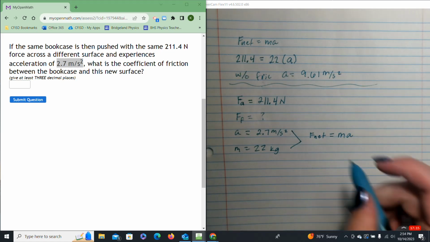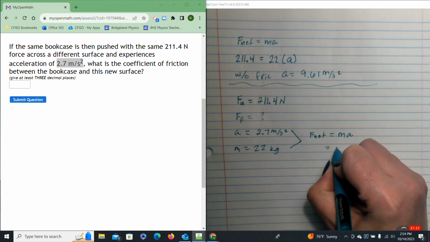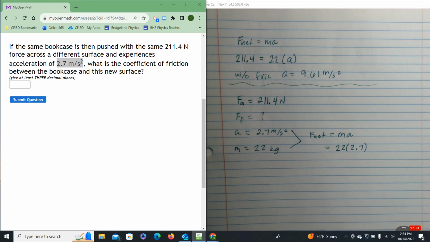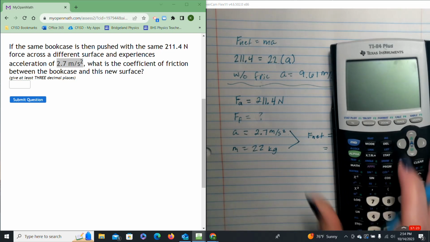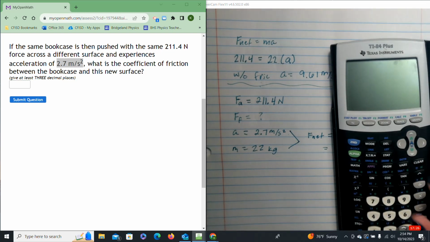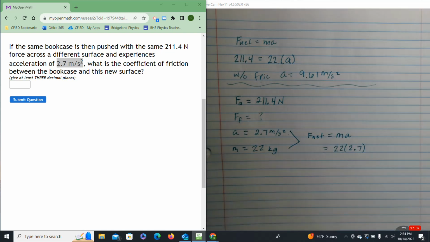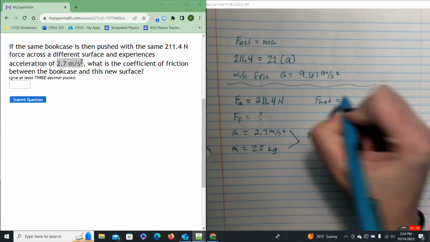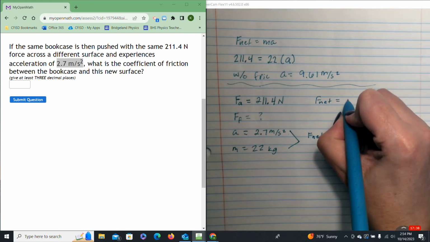I can solve for that by simply plugging in my mass, 22, times my acceleration, 2.7. So 22 times 2.7 is 59.4. My net force, F net, is 59.4 newtons.